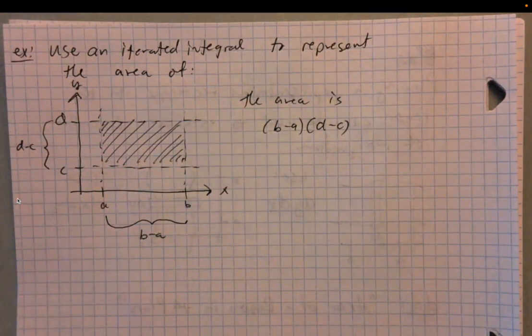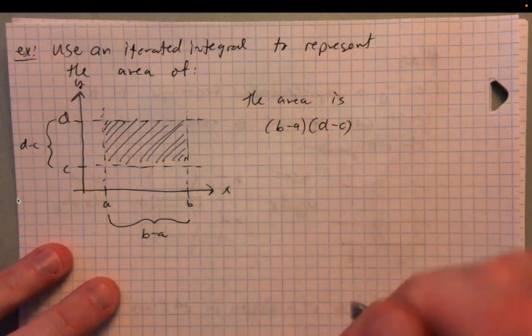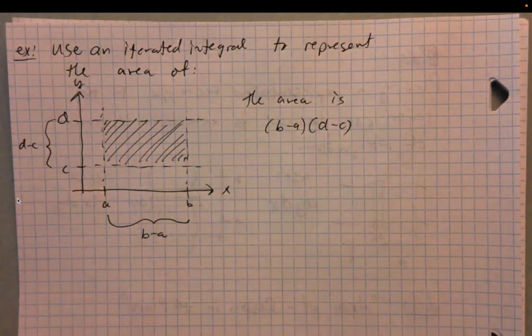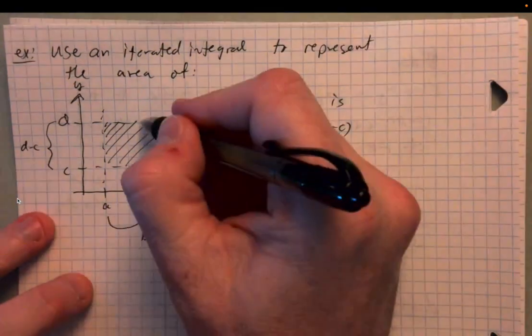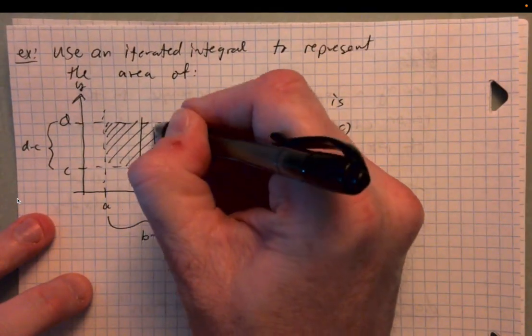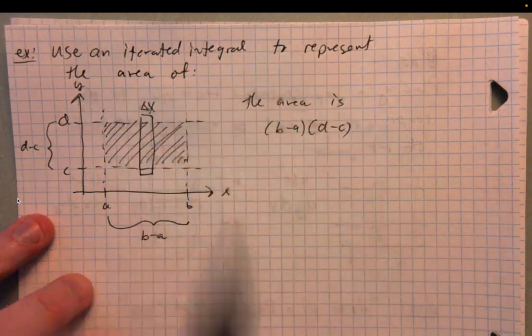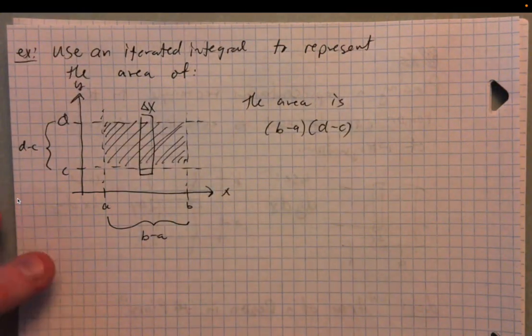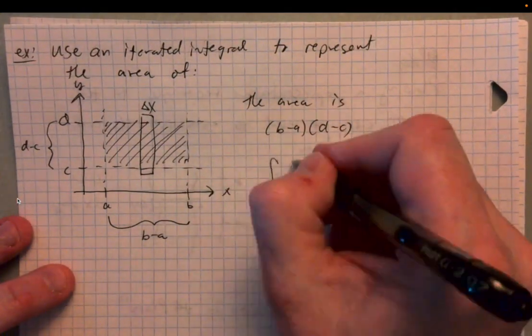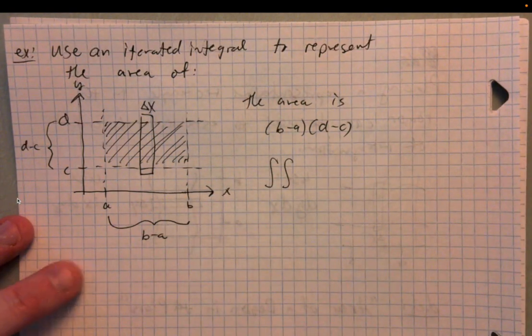All right, so that's what the area is, but how can we represent this as an iterated integral? Well, you can pick whichever way you want to do it. I'm going to set it up this way, where I'm going to have a delta x like that. So that means I'm going to start with a dy.